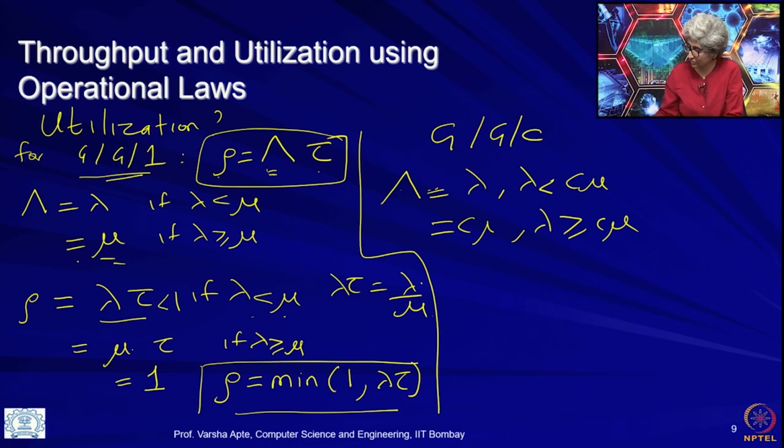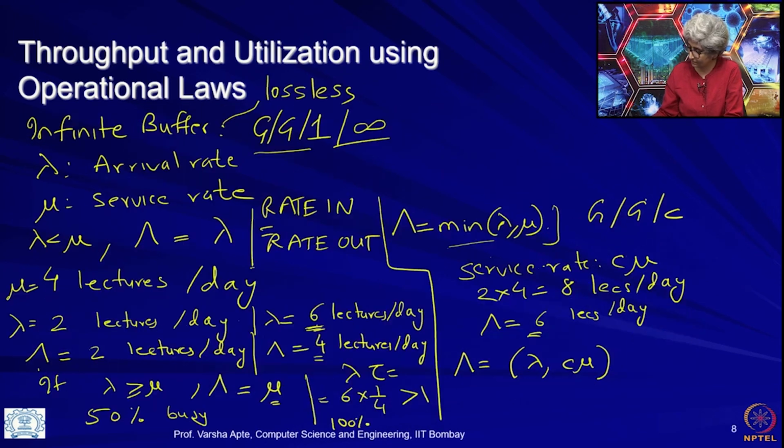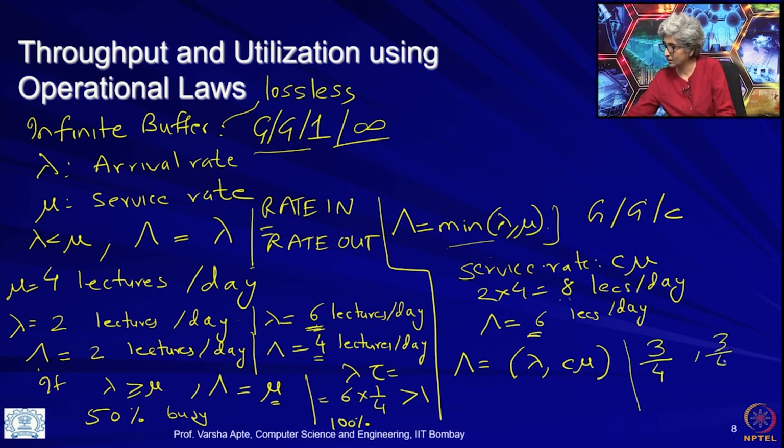Let us go back to your example of the lectures per day. Your capacity is now 8 lectures per day, as you and your friend are watching lectures. If 6 lectures per day are coming to you, obviously each one of you can watch 3 lectures per day, right. So, each one of you is going to be 3 by 4th busy. What did you do here?